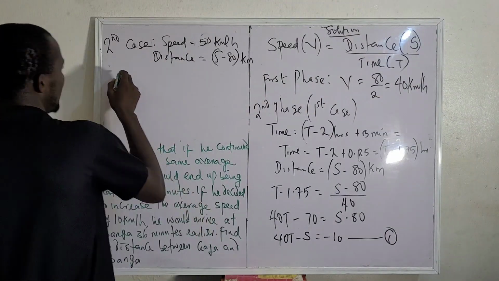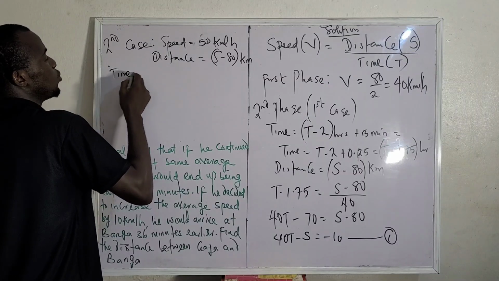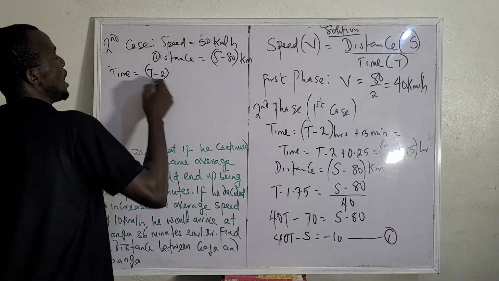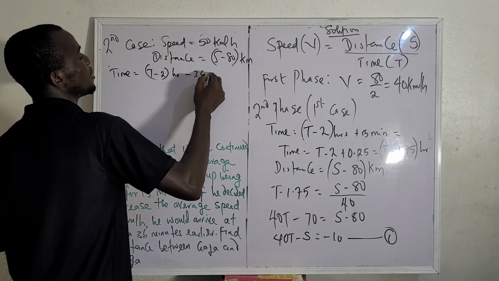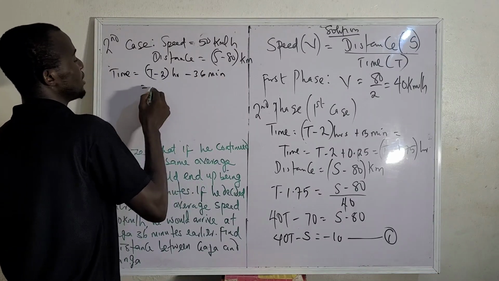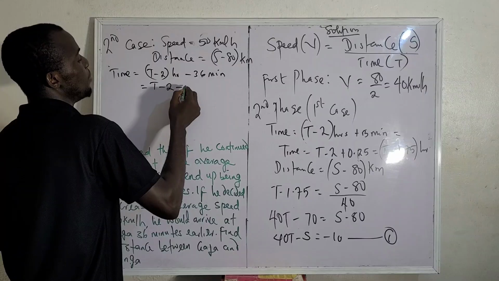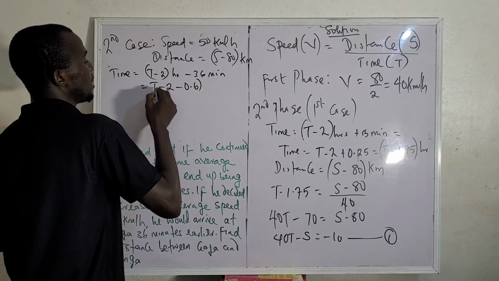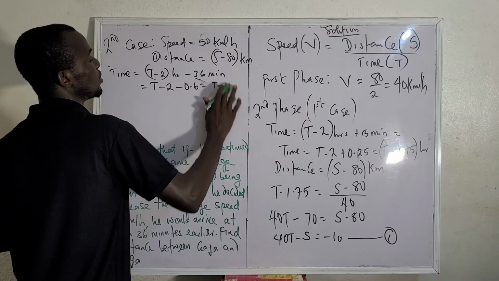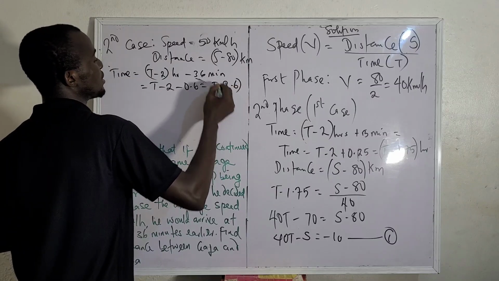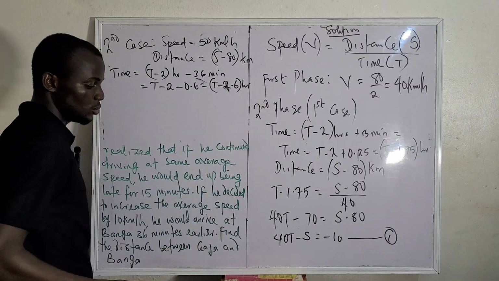So our time here will be equal to T minus 2 in hours, then minus 36 minutes. This is T minus 2 minus 0.6, and that will be equal to T minus 2.6 hours. That's what you are going to have.